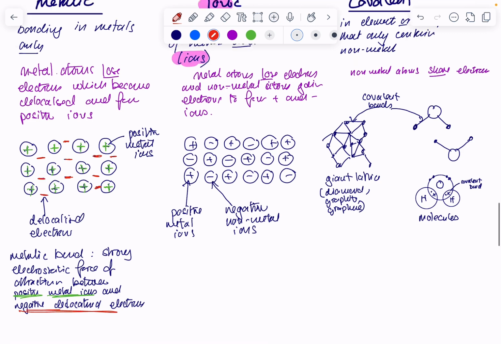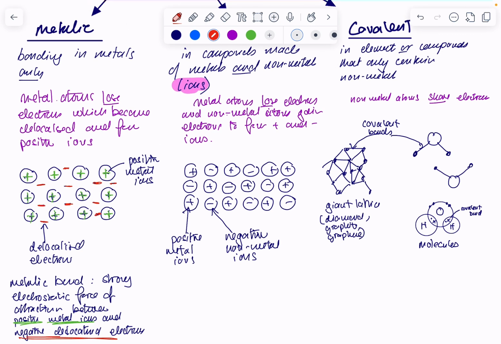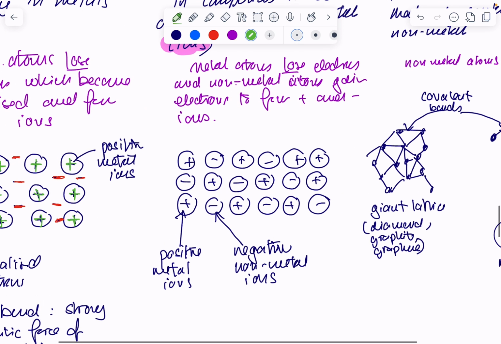Right. Before I do it, see if you can think about how we're going to write the same sentence for ionic compounds. Pause. Okay, so I'm going to mark up my diagram.